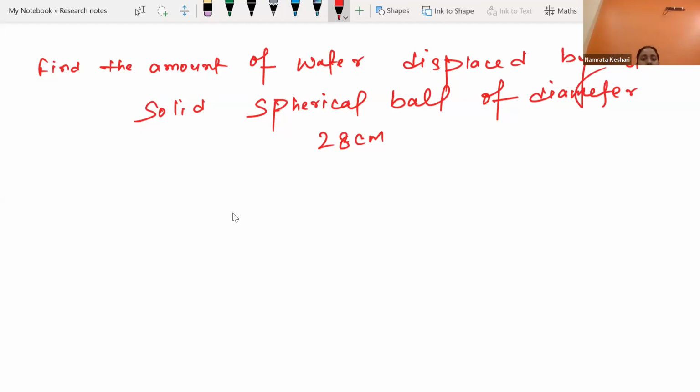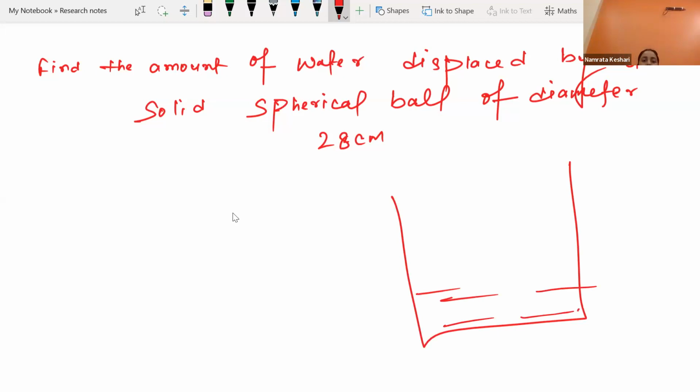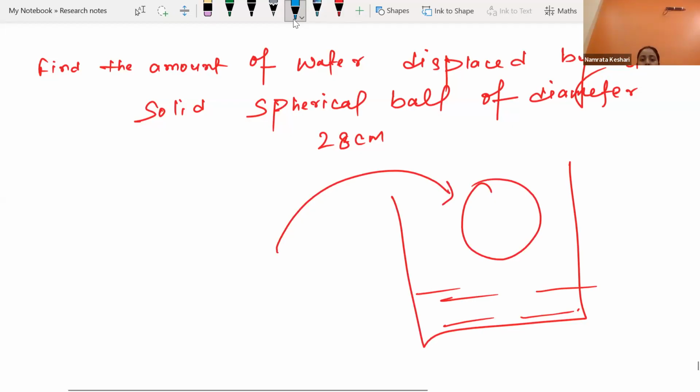If you have a bucket, and in this bucket suppose this much water is there. Now I am going to drop a spherical ball in this. Due to this spherical ball, the water level came over here. It can be the case, yes or no? Yes, ma'am.